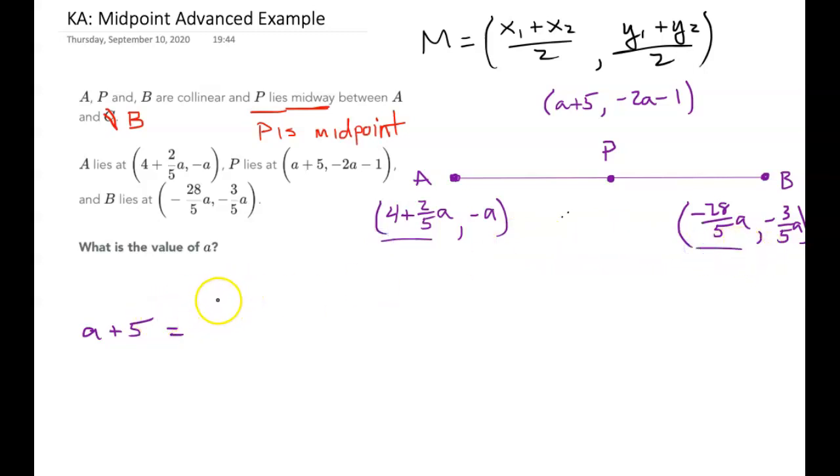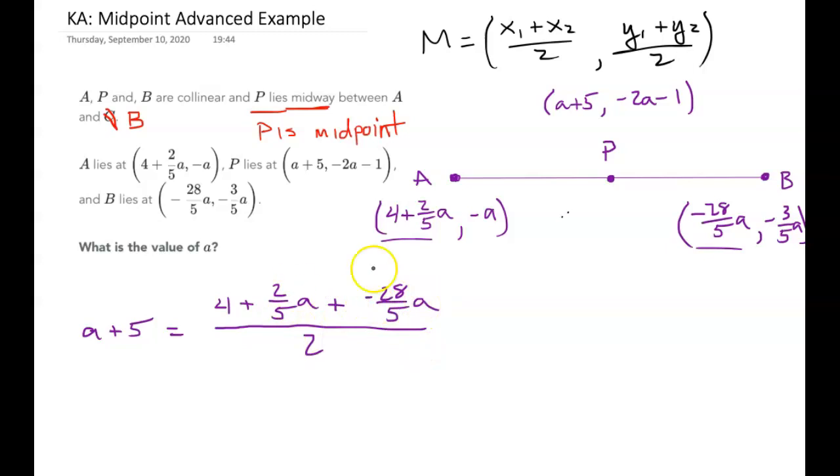So 4 plus 2/5 A plus negative 28/5 A, divided by 2. And that is quite the mess.